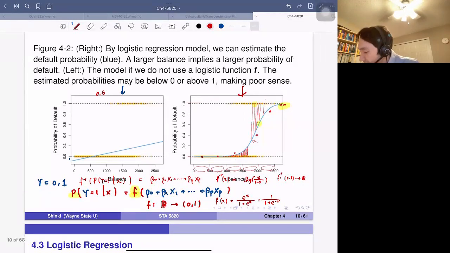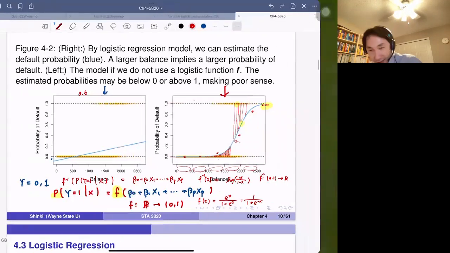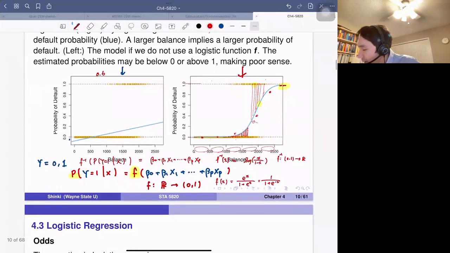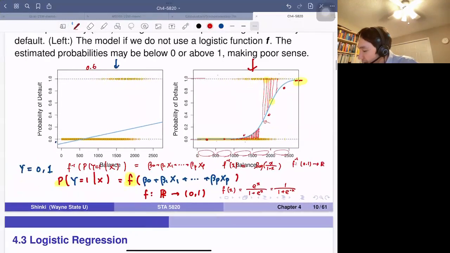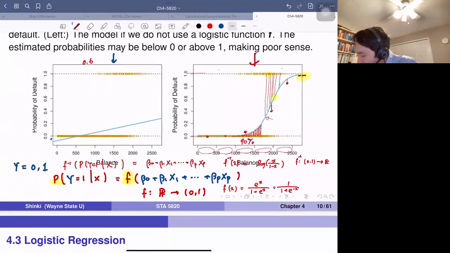So if we summarize dots in some intervals, then we can get some meaningful residual plots, but otherwise we cannot. If 90% of the observations have y equal to 0 and 10% have y equal to 1, then we can plot the point at 0.1.